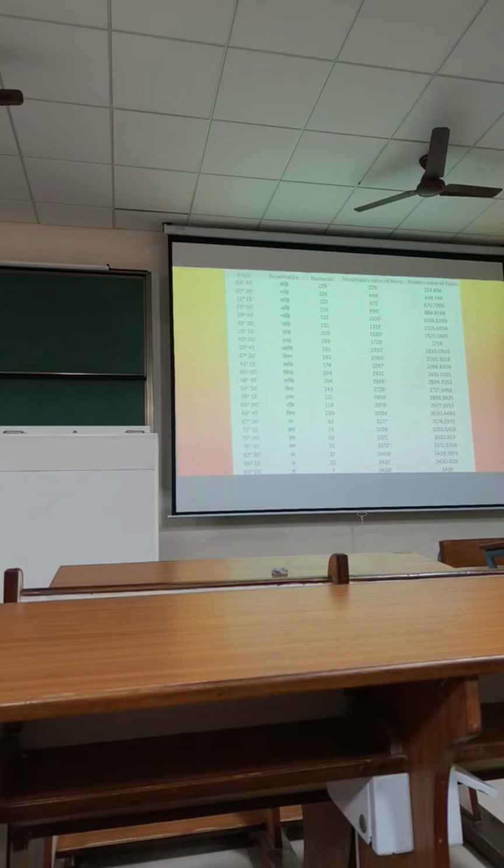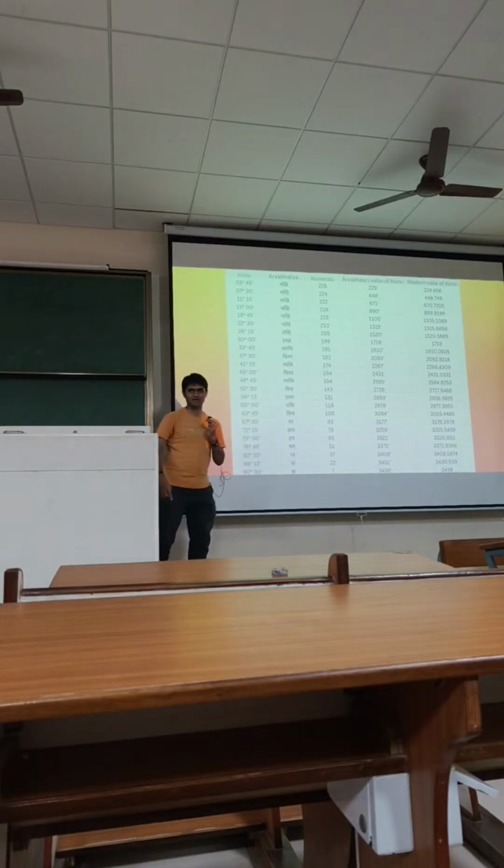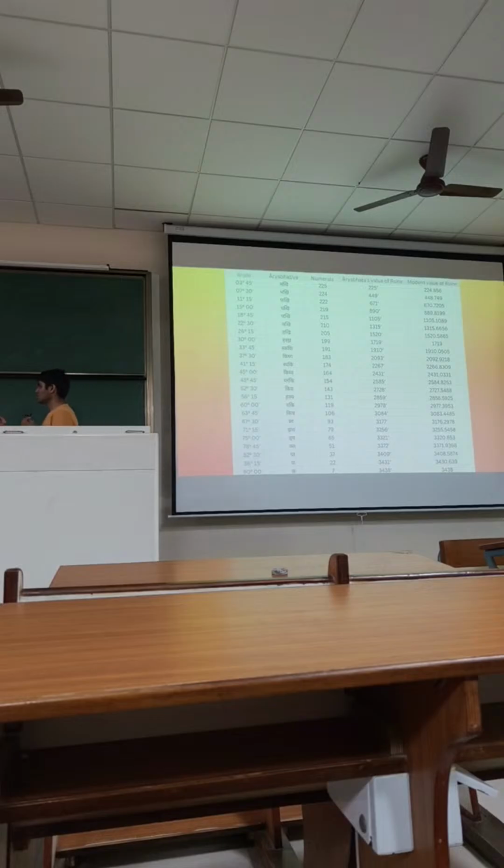Sine theta is always less than 1, so you can't write it in only integers. So they had a circle with a radius of 3438, which was the standard circle. 3438 is the value of R, and then whatever sine they want to calculate, they calculate R sine theta.